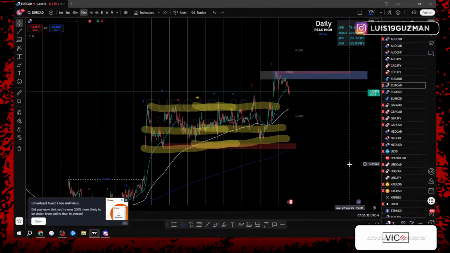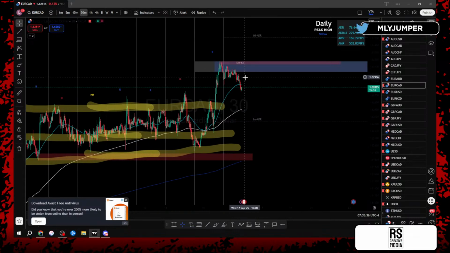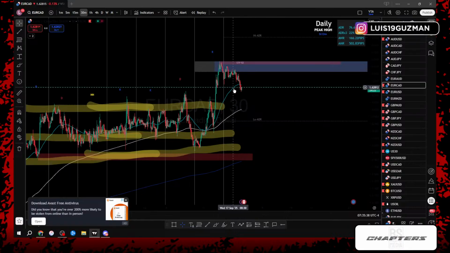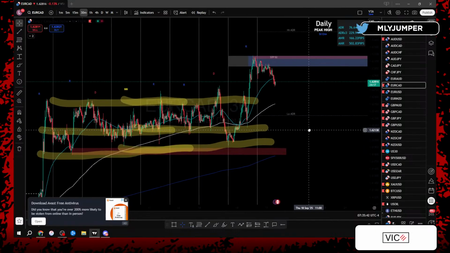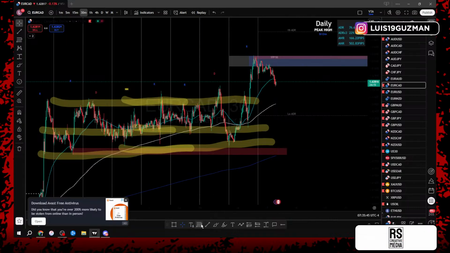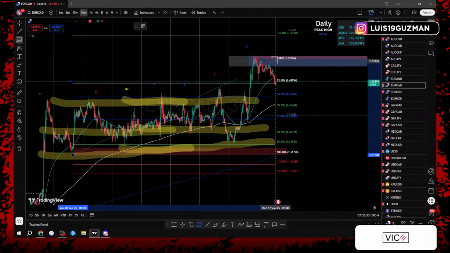For ECAD, it gave us the break. After it gave us the break, it's giving us the retest, a little pullback. This is where understanding every single strategy in the playbook comes in handy.